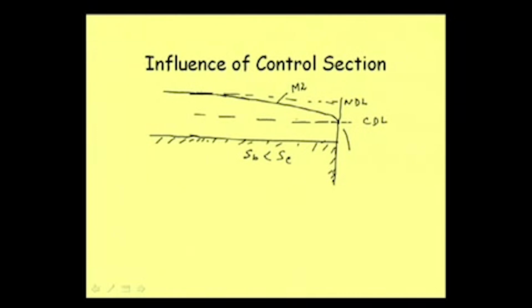Now, as the depth is greater than critical depth, the entire flow profile is greater than critical depth, so it is subcritical flow. In case of subcritical flow, suppose we try to compute this profile.